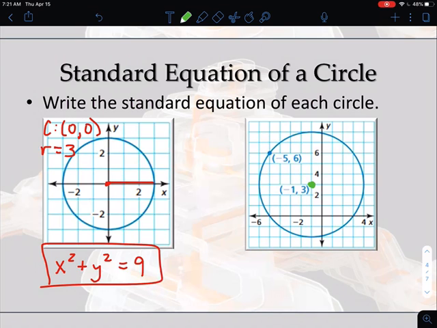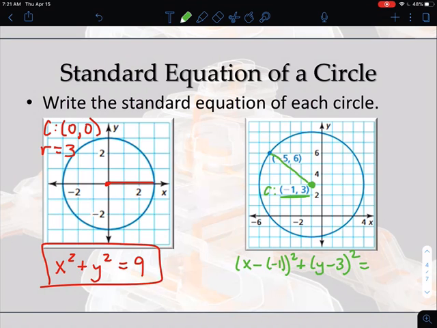The first thing we do is find the center point, which is at -1, 3. Now, as I set up my equation, we take x minus -1 squared. We always do x minus the center, and then y minus the center, 3 squared. Now the only thing we need is the radius.